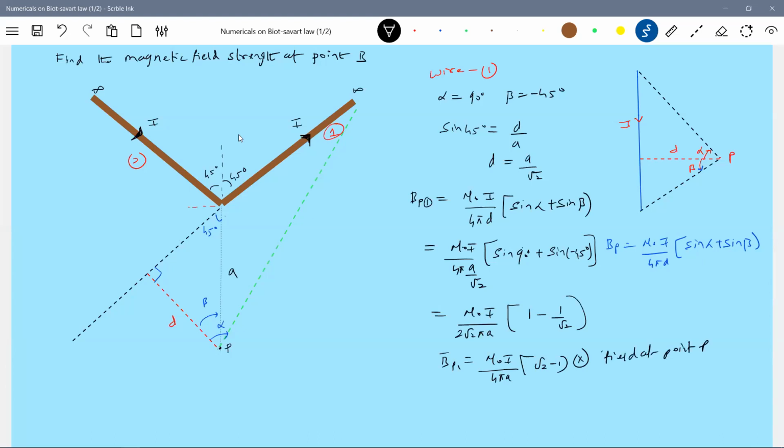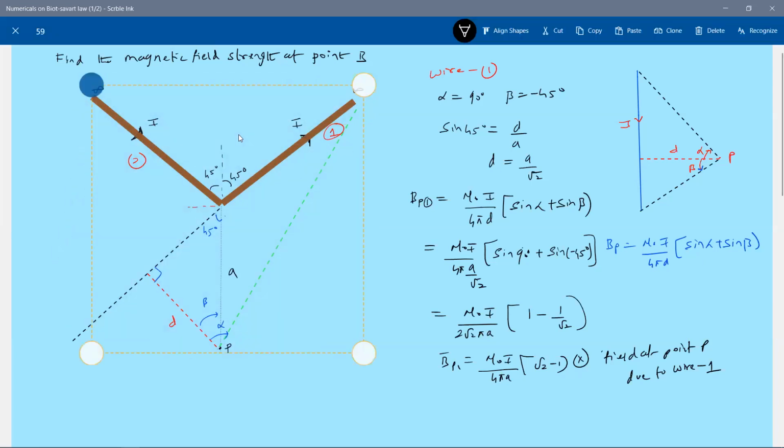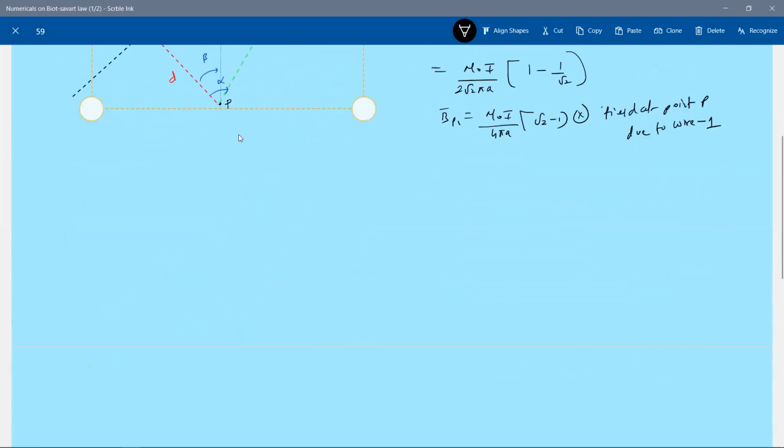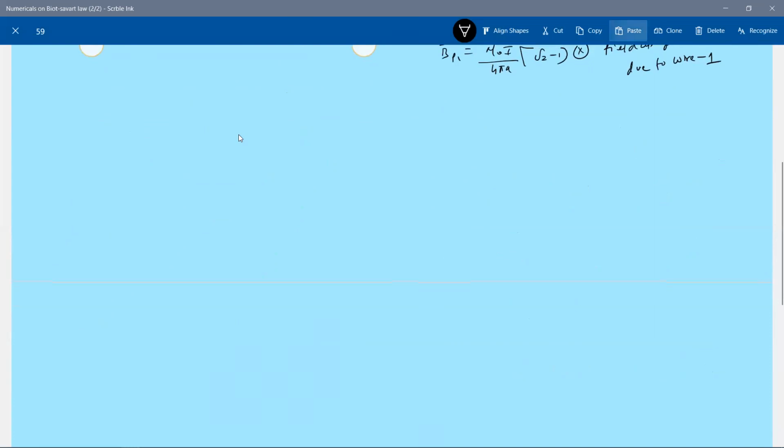Field at point P due to wire 2. Similarly, I want the field due to wire 2. So again, I'll take the help of the same diagram. Let me show it separately, it will be easy for you.